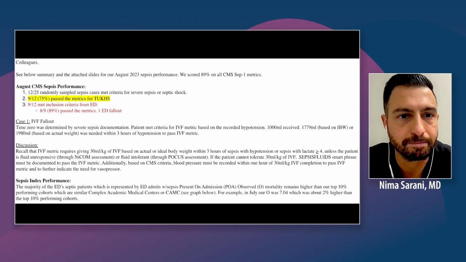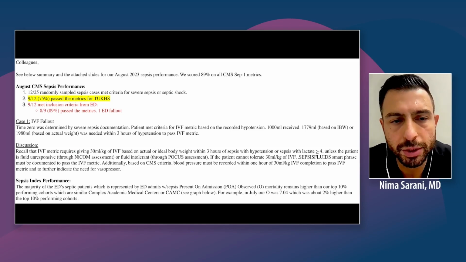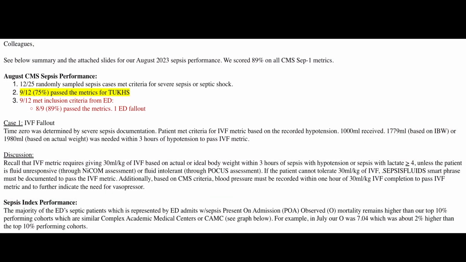All right, next slide. In addition to reviewing it during our staff meeting, we also have a monthly email that goes out to all the providers, again, including the residents. And this goes through our overall performance and talks about our CMS compliance. And then once again, we talk about the case that fell out. The case is sent out in a blinded fashion.